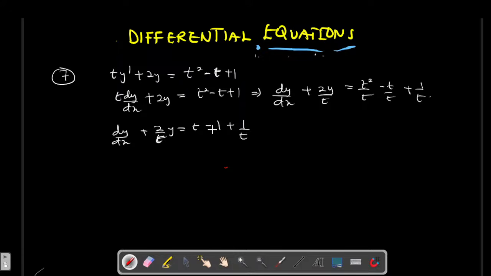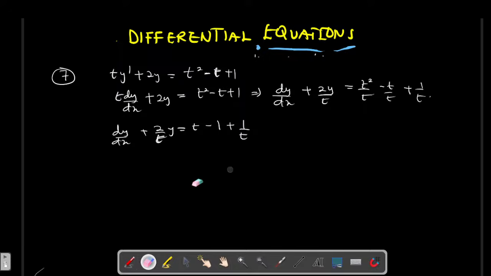So once I have this expression down here, I can now analyze and see that this is a linear differential equation. I have my dy over dx, the coefficient of y is 2 over t, then any other thing here is my q of t, right?